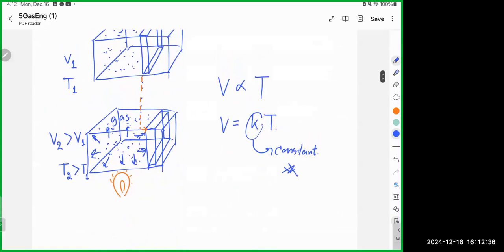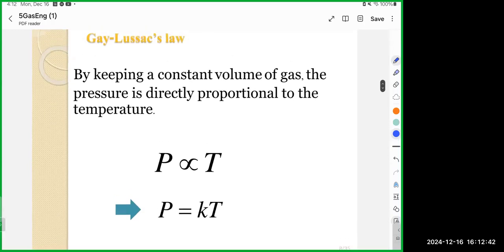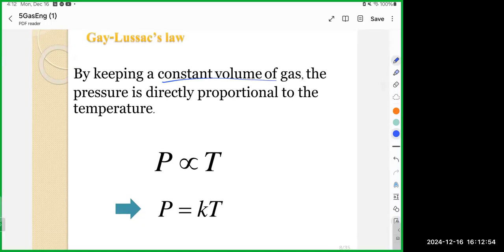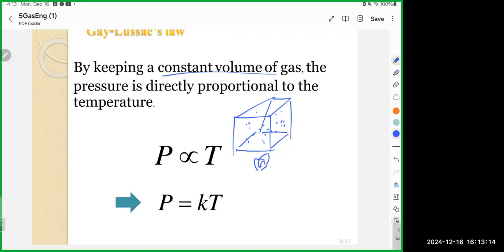And the last one is the Gay-Lussac law. When you keep the volume of the gas or the container constant, the pressure is directly proportional to the temperature. If you have the container fixed in a box with gas inside it and you burn something, you add energy into it.